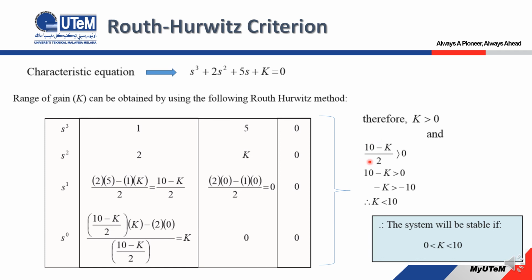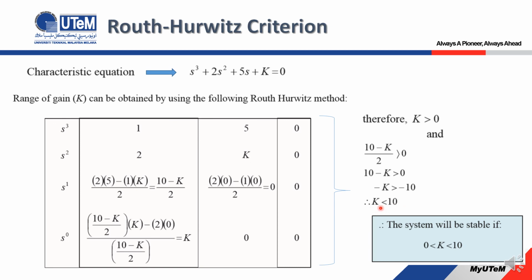From this equation we can find the value of K. We multiply by 2, and the equation becomes 10 minus K is greater than 0. After that we move the 10, and we get negative K is greater than negative 10. We can eliminate the negative sign by multiplying both sides by negative, so the result becomes K less than 10.